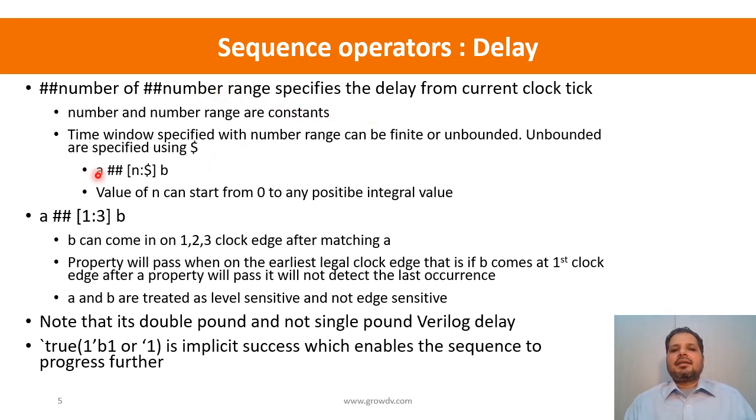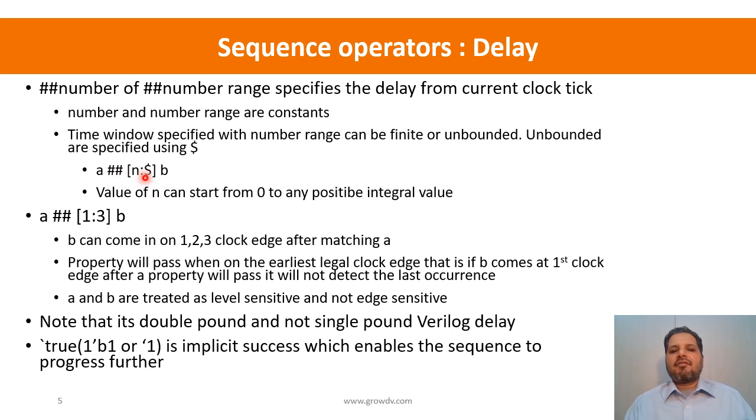Okay, and then the time window specified within the number range can be finite or infinite. I mean, finite or unbounded. Unbounded means it can come by the end of simulation. That's what you are saying by unbounded. And the way you represent unbounded is through this dollar sign. So I can say double pound n, where n is a constant, any integral number, followed by a dollar.